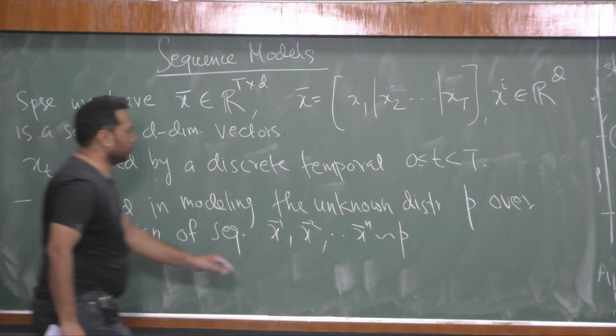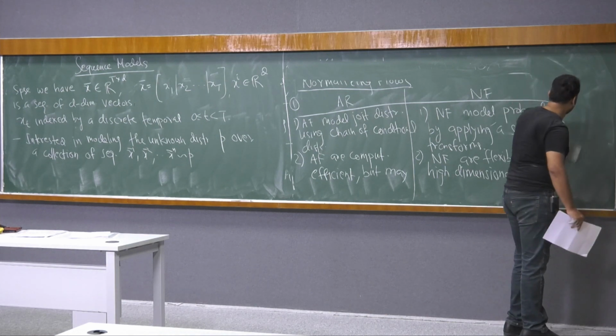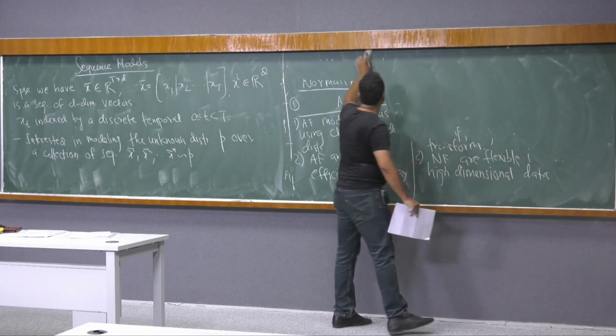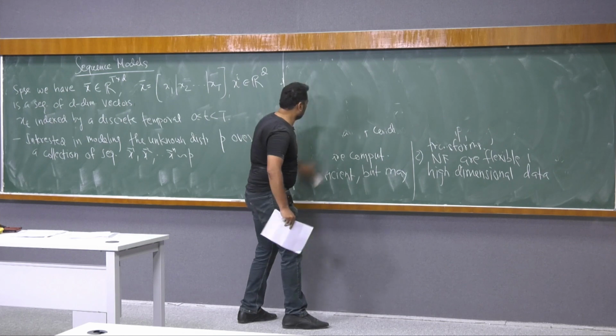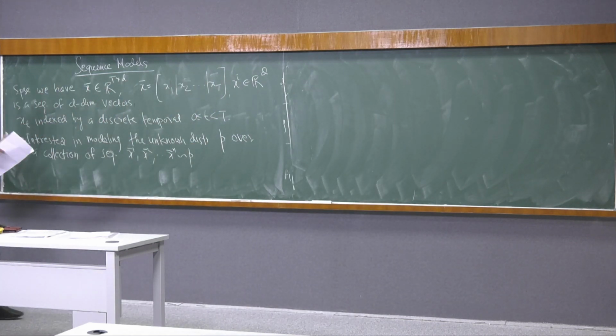So let us see what are the issues if I disregard the sequence and the ordering of the sequence. By disregarding the sequence, I am saying I just stack them as one.